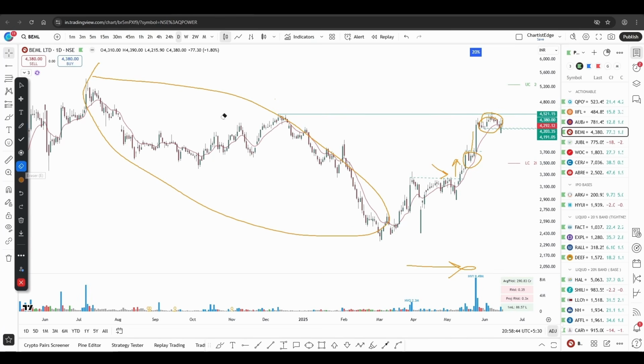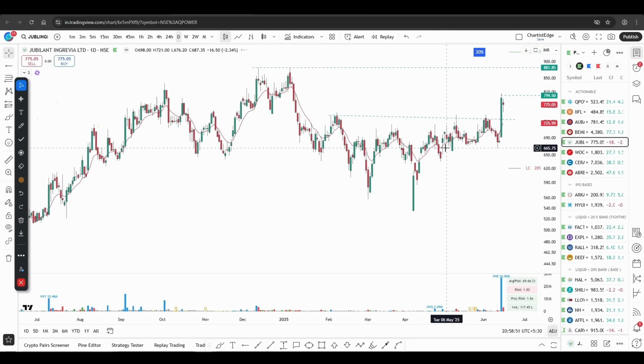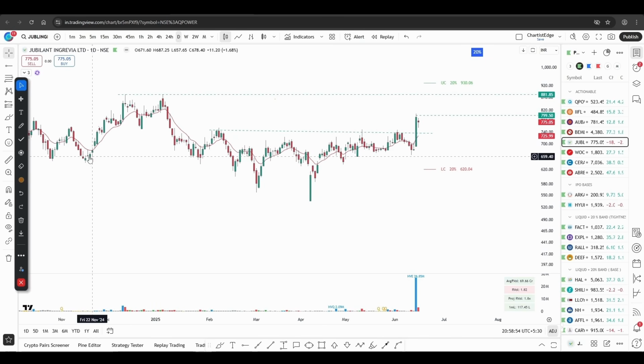And if the contraction structure tightens in the coming sessions, then we may get a low risk opportunity in this setup.